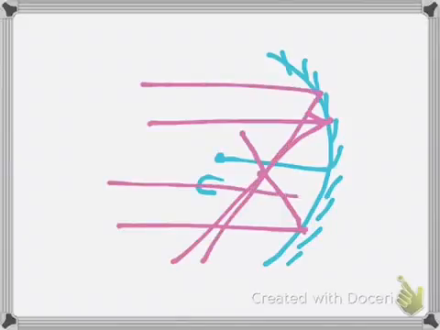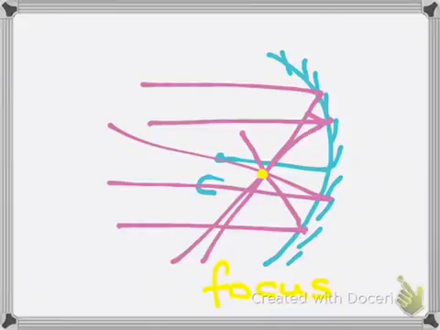So let's say there are a lot of them, and they intersect at this particular point, which I highlight in yellow. So that point is the focus of the mirror. Okay, so this point is called the focus, and the focal length is basically the length between that point and the mirror. So the thing in yellow you see is the focal length of the mirror.